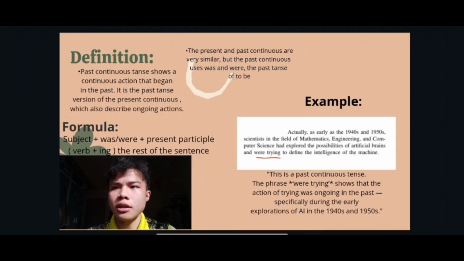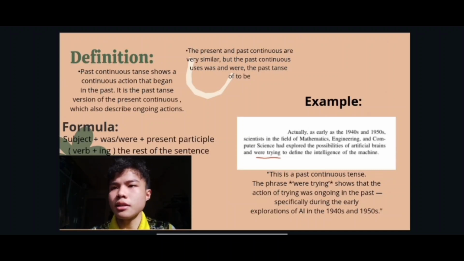So we can see here an example: scientists in the field of mathematics, engineering, and computer science had explored the possibilities of artificial brains and were trying to define the idea of the intelligence of the machine.